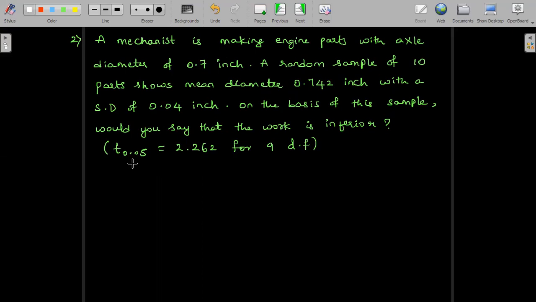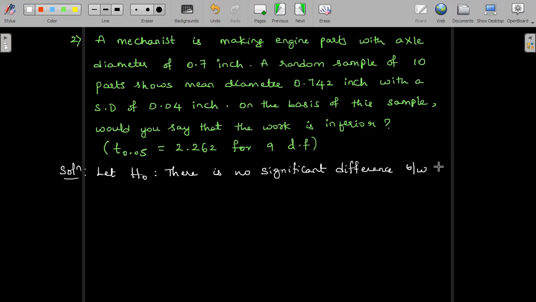So let us assume the hypothesis H naught: there is no significant difference between x bar and mu. Solution. Let us assume H naught, there is no significant difference between x bar and mu.